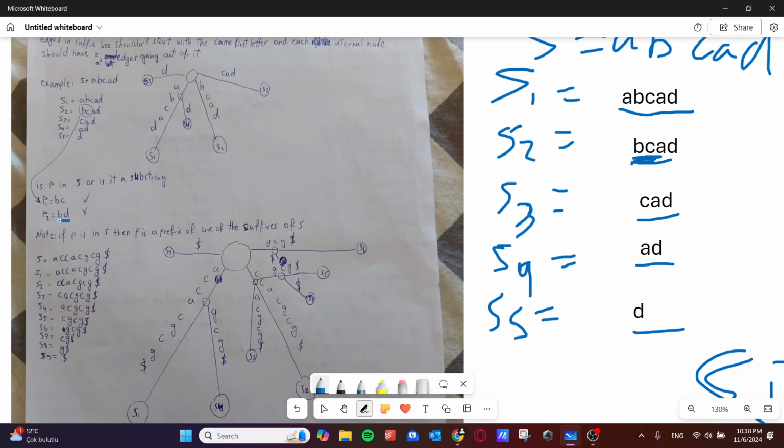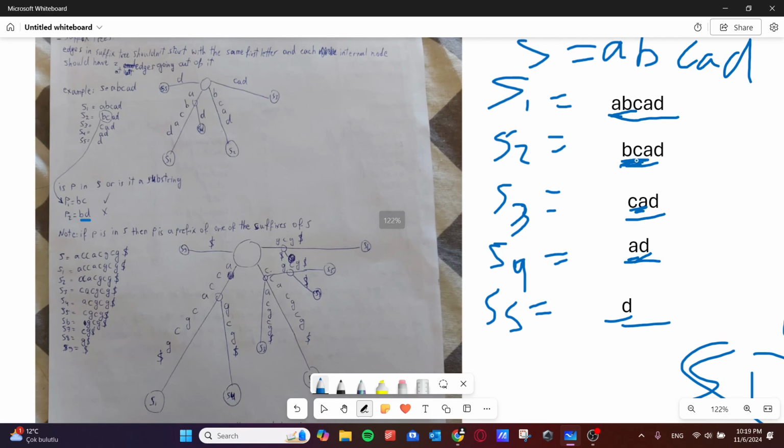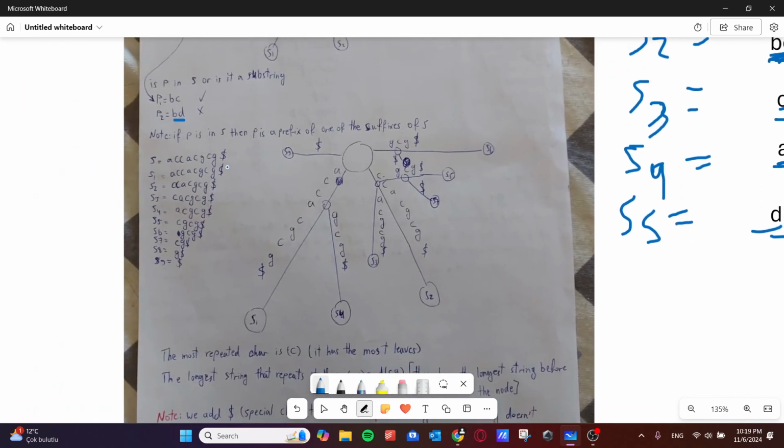But BD is not a prefix of any suffix, so it is not in S. As you can see in the note, if P is in S, then P must be a prefix of one of the suffixes of S. If it's not a prefix, then it's not in S. I think this one is very important.